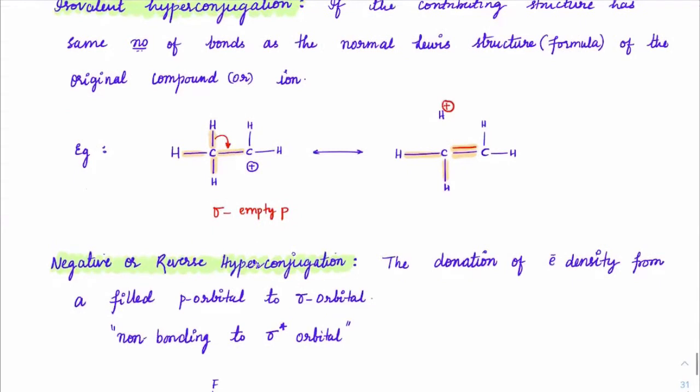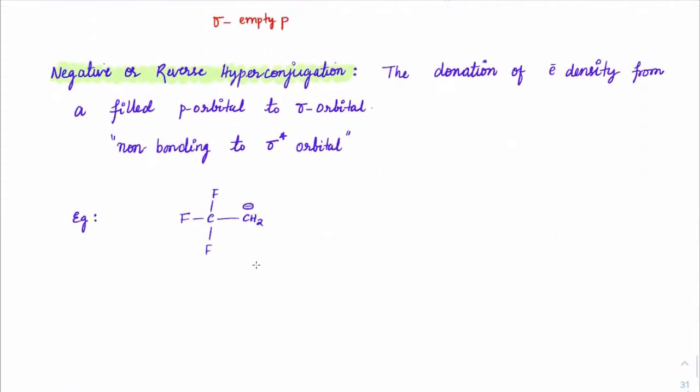Okay, students. The last one is called negative or reverse hyperconjugation. In this case, the donation of electrons from a filled p orbital to the sigma star orbital is happening. So from a non-bonding orbital, meaning lone pairs, towards the sigma star orbital. For example, take this molecule, CF3 connected to CH2 minus.